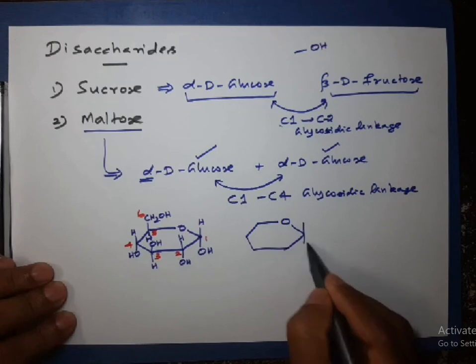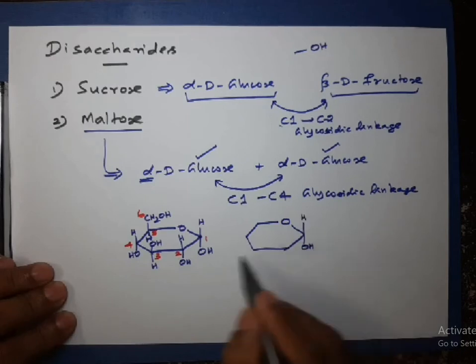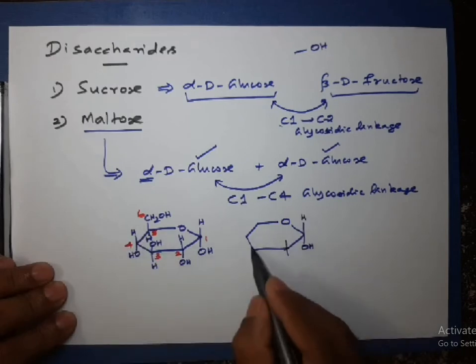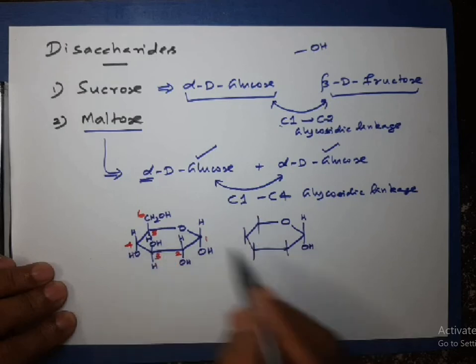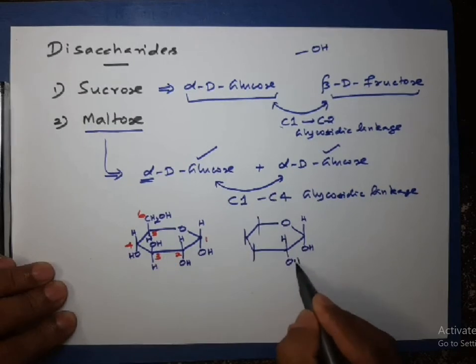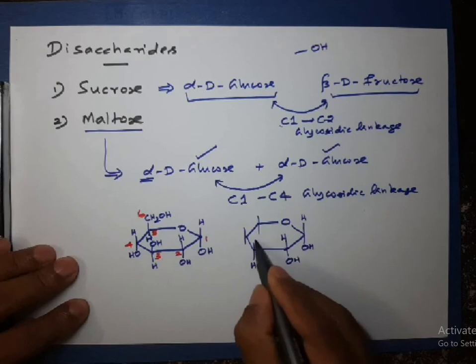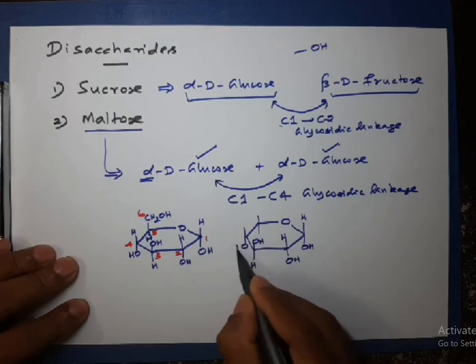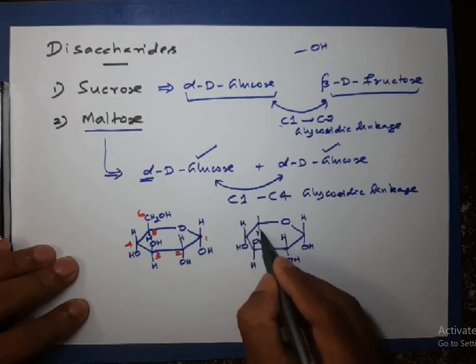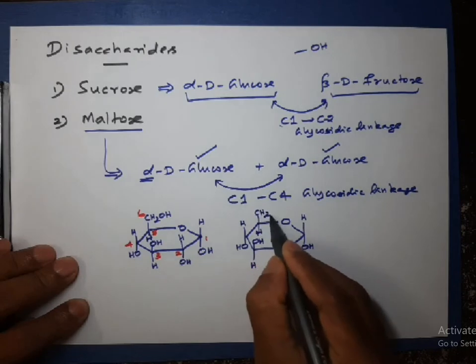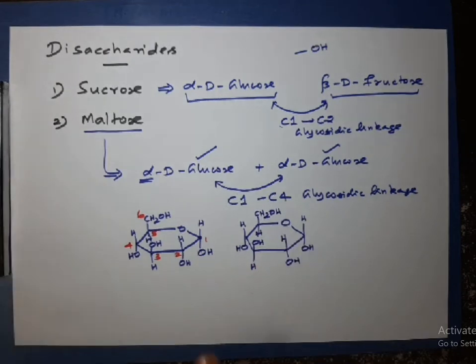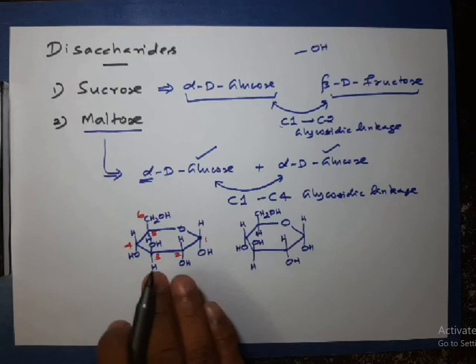Alpha D glucose, so put the OH group down. Remaining groups you keep as such: H, OH, here H down, OH up, here OH down, H up, here always H below, CH2OH above. So you take two alpha D glucose.